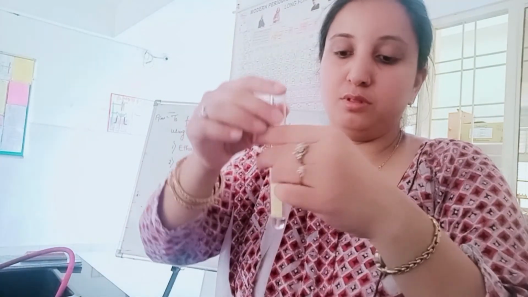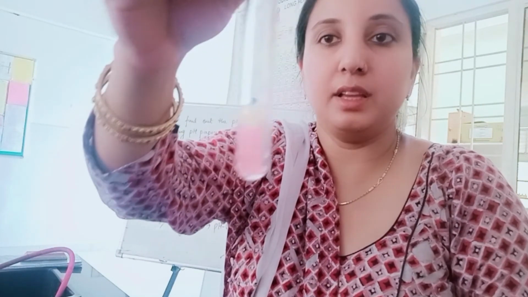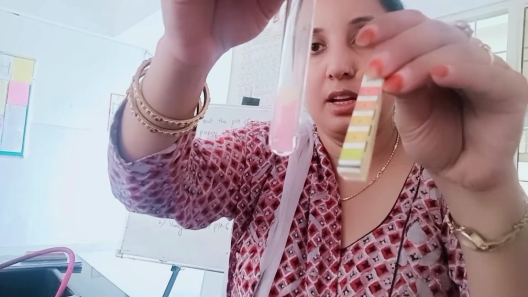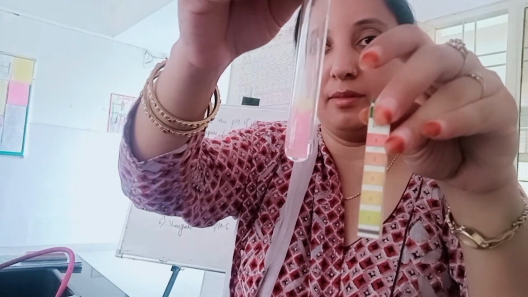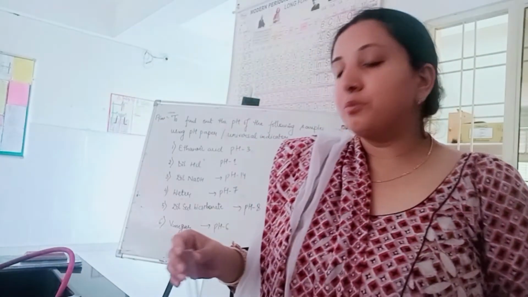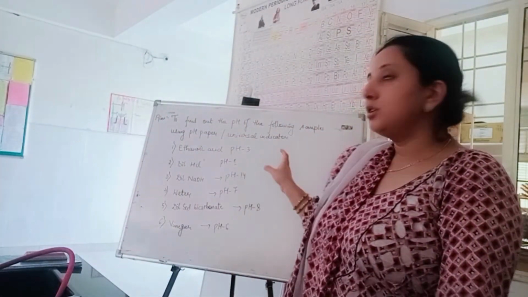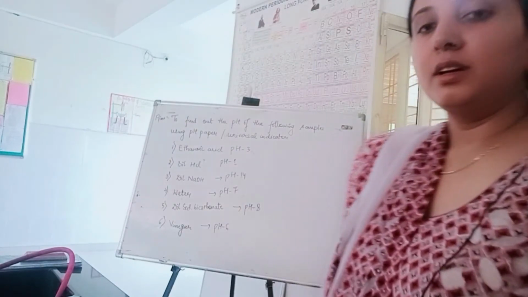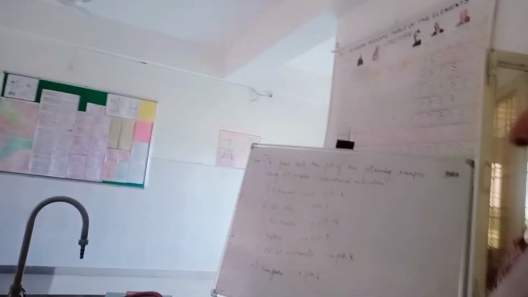It is coming around 10. Similarly, I am having the H2SO4 also. In the case of H2SO4, again it is coming towards 1. Clear? So with this we finish our practical number 1, which was to find out the pH of the given samples using the pH paper.